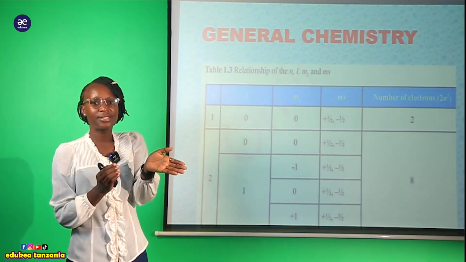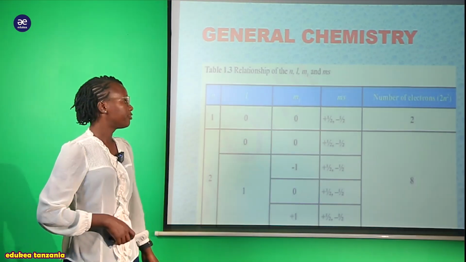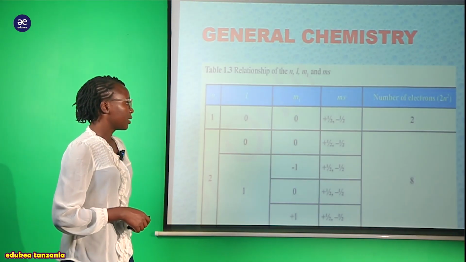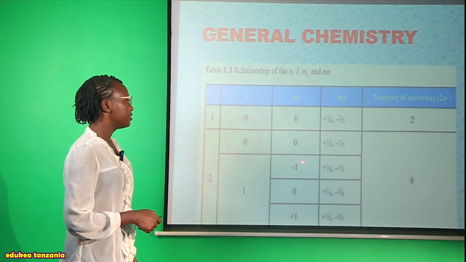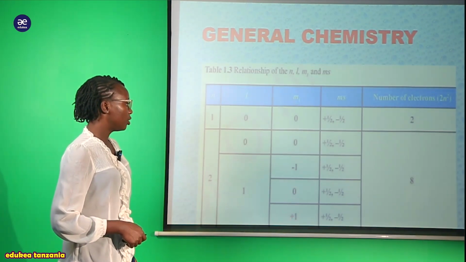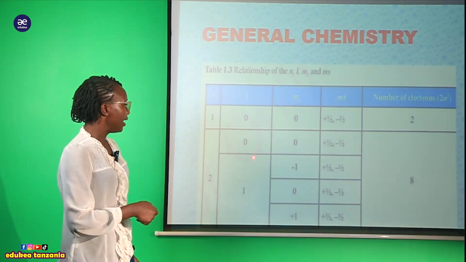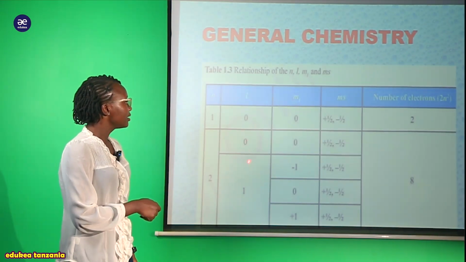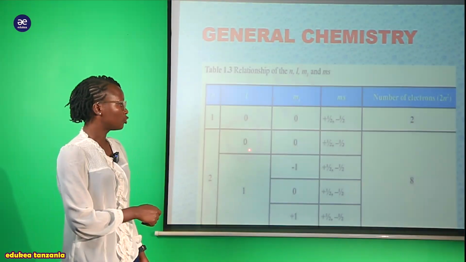So it starts from negative 1 to positive 1, but through what? 0. Therefore we will start with 0. As you see here, here it will be 0, then negative 1, 0, positive 1. This means here we look at L, how much? If L is 0, it means that ML also will be how much? Equal to 0. So we have to quit here.